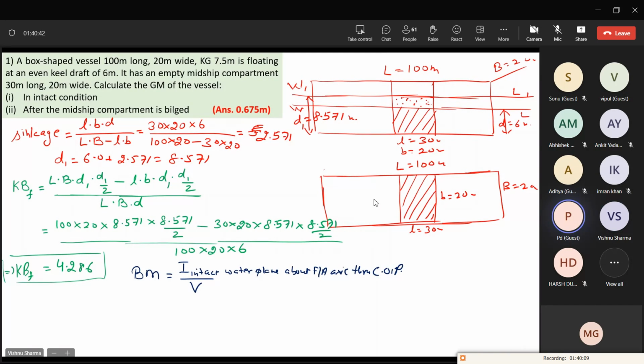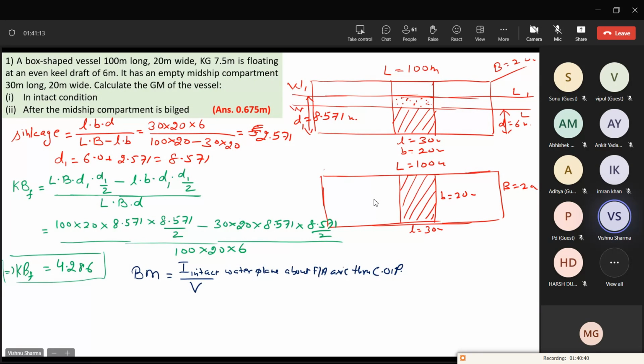Underwater volume. Sir, intact volume. Volume of intact displacement. It was the volume of displacement I said, and I also said volume of displacement and volume of buoyancy are the same terms. Yes or no? You remember that, sir?